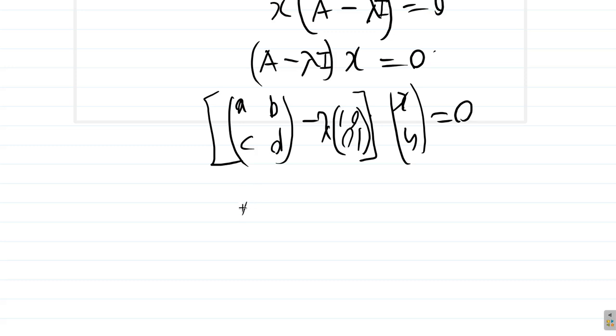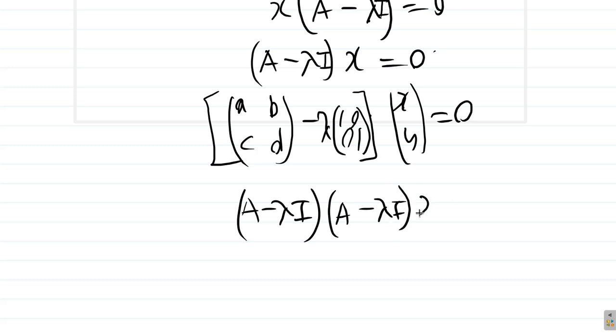What you have to do is say A minus lambda I times the inverse of A minus lambda I times x equals 0 times the inverse of A minus lambda I. Now if you could do this, it would mean that x, the eigenvector, is always 0, but that's not so. Therefore you should not be able to find the inverse of A minus lambda I.